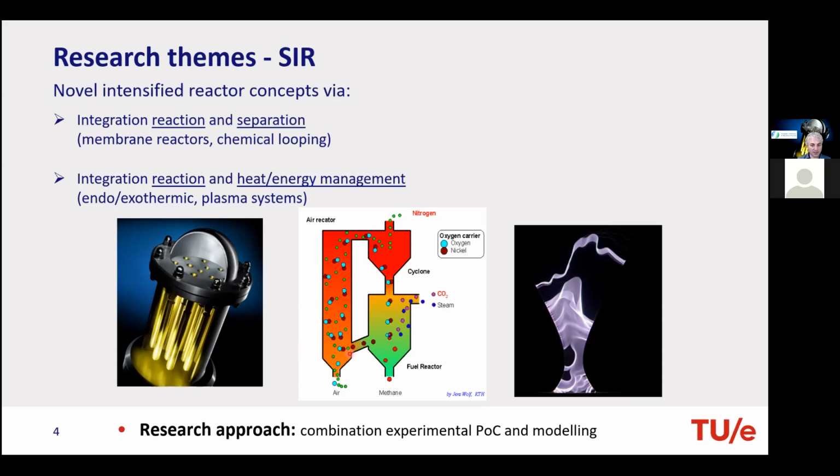The charm of this system is that if you do a combustion, for example, you get CO2, but you get the nitrogen leaving the reactor from another side. So nitrogen and CO2 are separated. So it's a very nice concept to achieve your reaction without the need of CO2 separation.